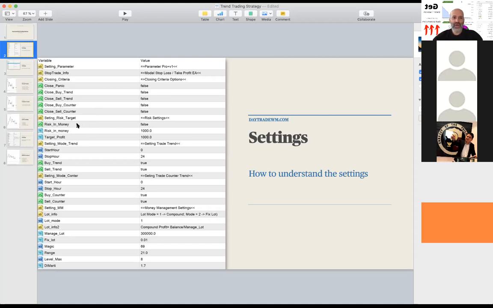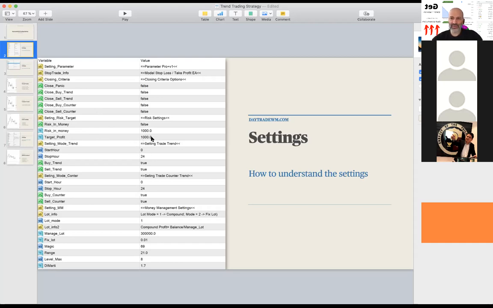Now, if you want to have a specific risk in money, let's say you have an account of $10,000 and you want to say, okay, if I lose $1,000, I'm out, I stop. So you can put here true, and you can put here what amount you want to risk in money, which is like $1,000. Also, if you want to put a target in money, you can put here like $1,000.